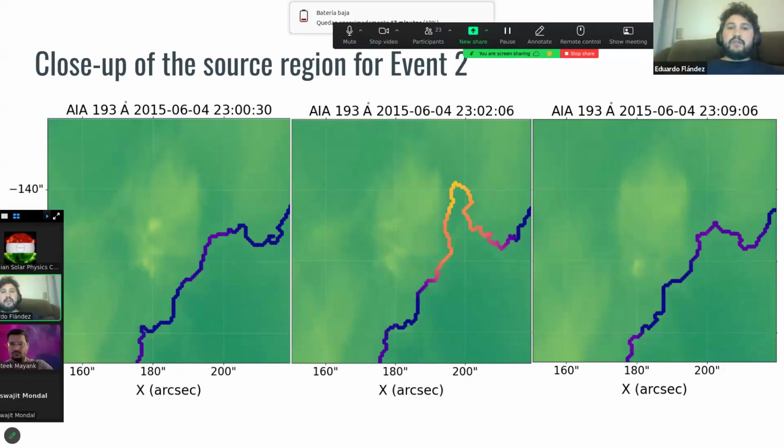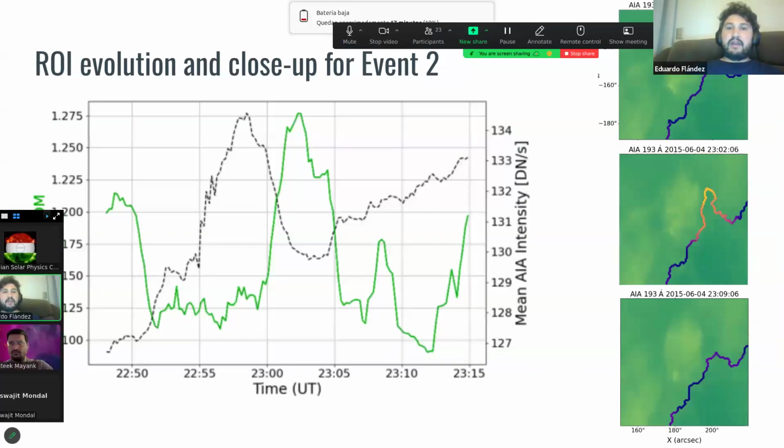So for event number 2, we follow the same idea: change in the boundary, and then we plot the average for each step. The black line indicates the intensity in the AIA 193 channel, and we can identify a correlation between both curves.